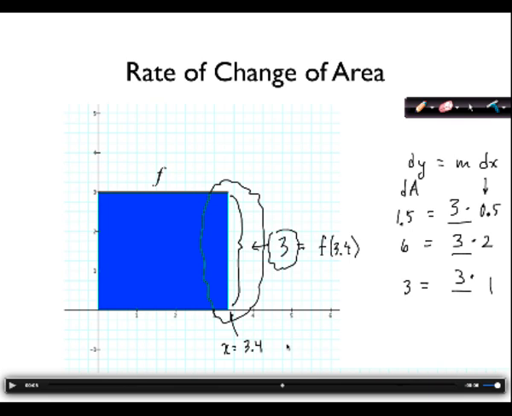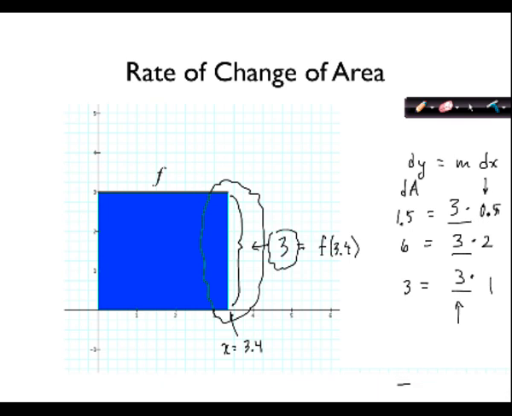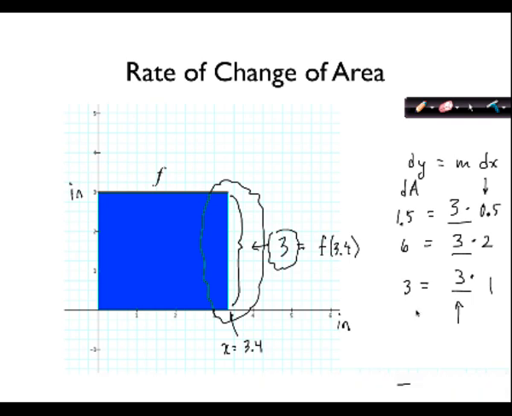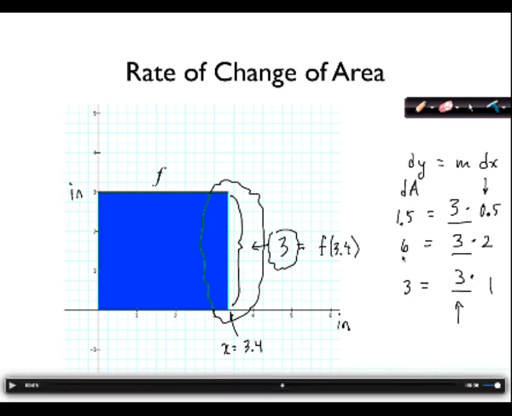So what are the units on this rate of change? We did a little variation in x, and we got a variation in area. Say these are inches. Our area is in inches squared, and our variations in x are inches.